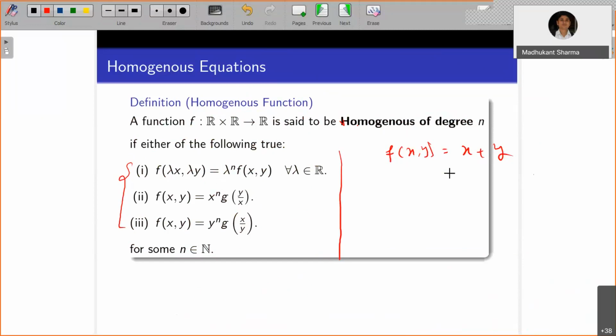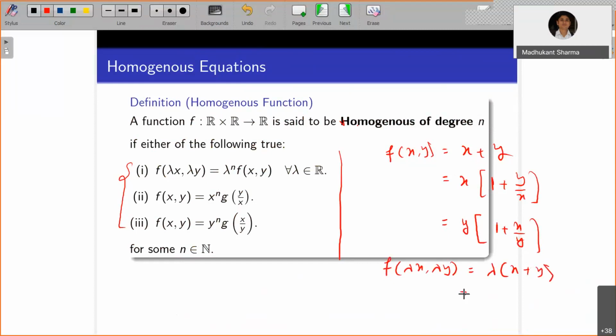So I can certainly write this as x times 1 plus y by x. I can also write it as y into 1 plus x by y. And also you can see f of lambda x comma lambda y: if I replace x by lambda x and y by lambda y, then it's lambda times x plus y, and that is equal to lambda times f of x comma y.